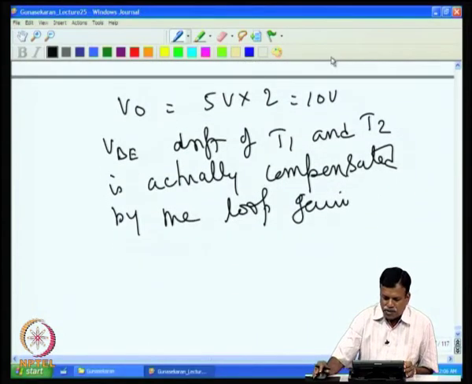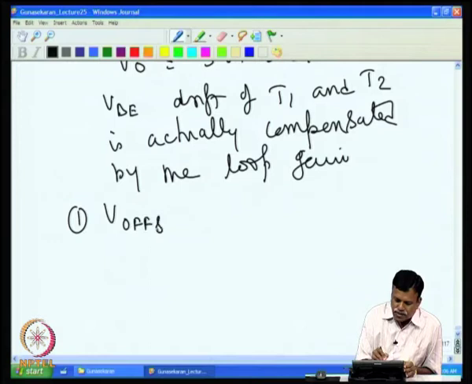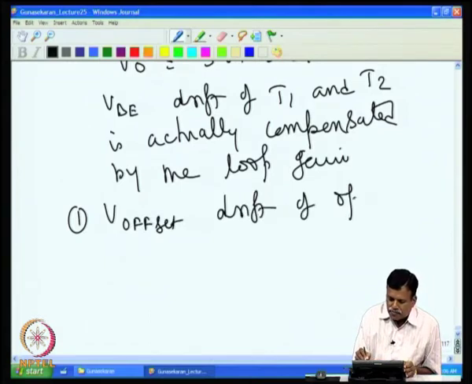will directly affect the output. So, the offset voltage drift, V offset drift of the op amp, directly affects the output.